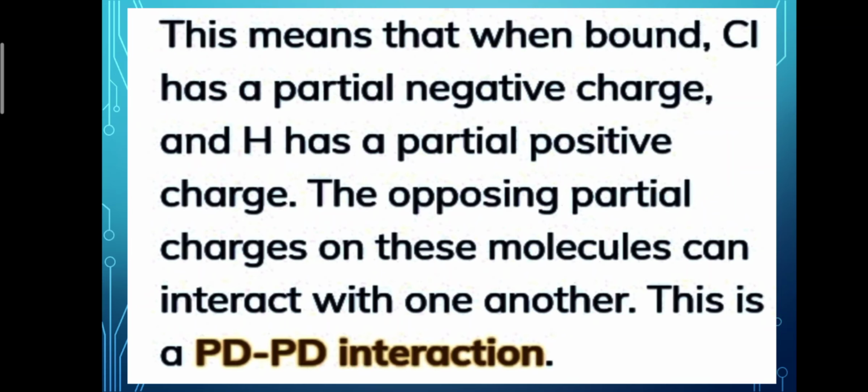This means that when bound, chlorine has a partial negative charge and hydrogen has a partial positive charge. The opposing partial charges on these molecules can interact with one another. This is a PD-PD interaction, or permanent dipole interaction.